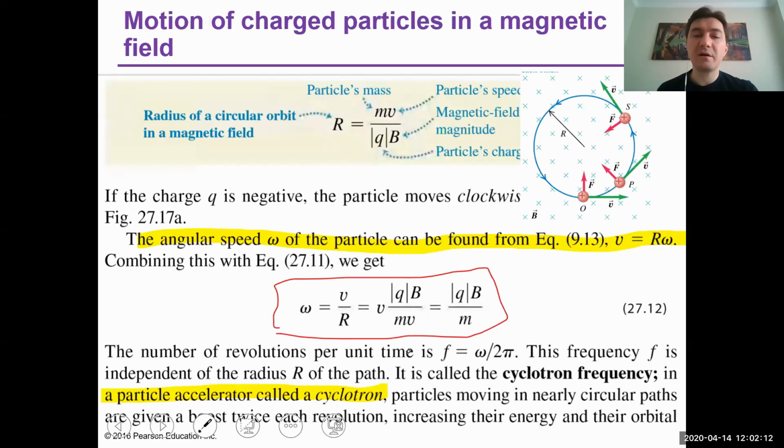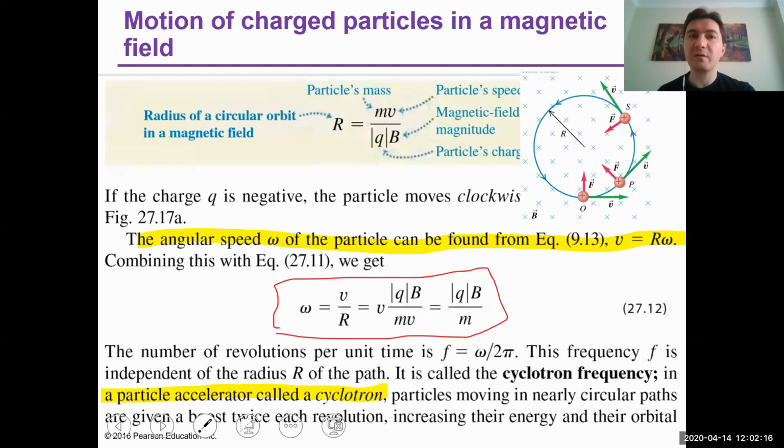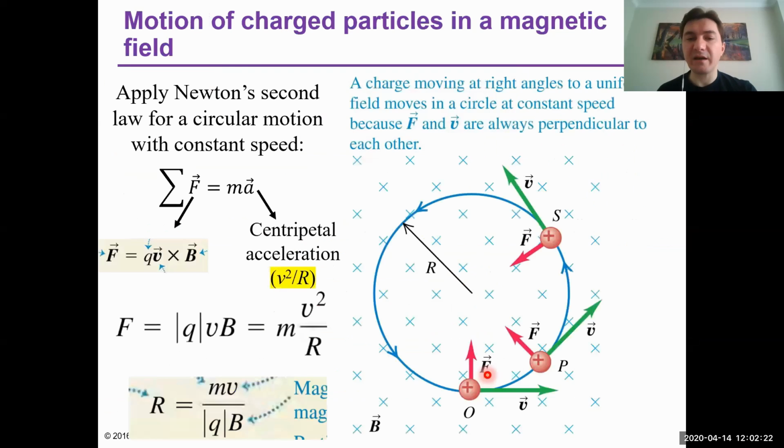But what about a helical motion for the motion of charged particles in a magnetic field? Here, we have considered that the direction of the velocity is perpendicular to the direction of the magnetic field, and we don't have any other components of the velocity, just the perpendicular component.